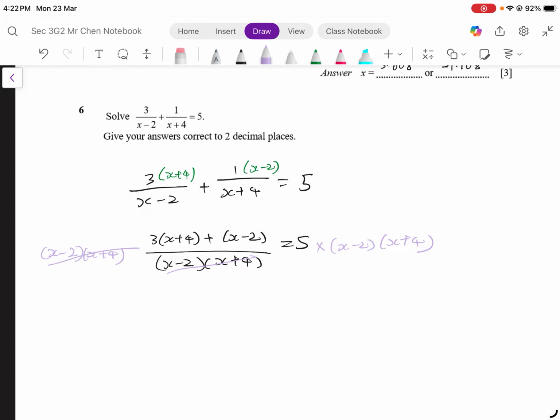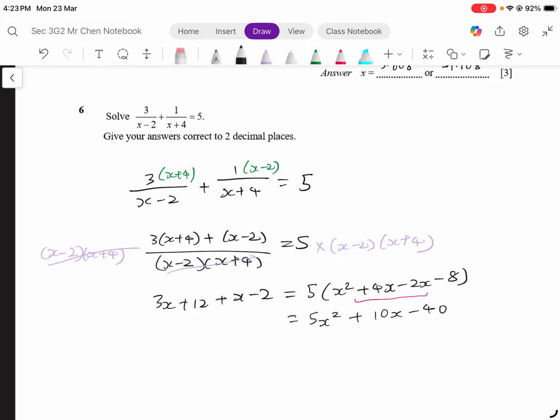Alright, so we cancel this way. Then we expand everything. So we get 3x plus 12 plus x minus 2 equals 5 times the expansion, x squared plus 4x minus 2x minus 8. This should give you plus 2x, right? So keep that in mind. 5x squared plus 10x minus 40.